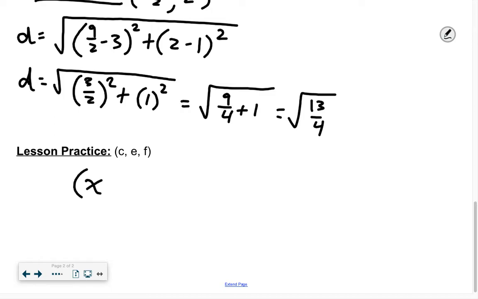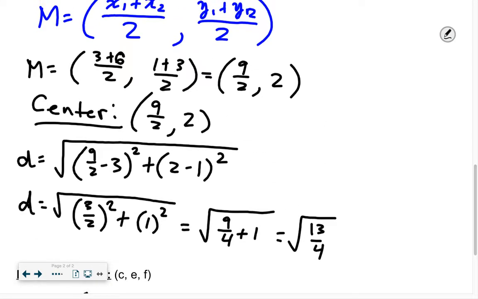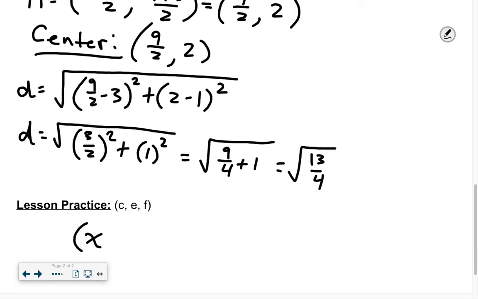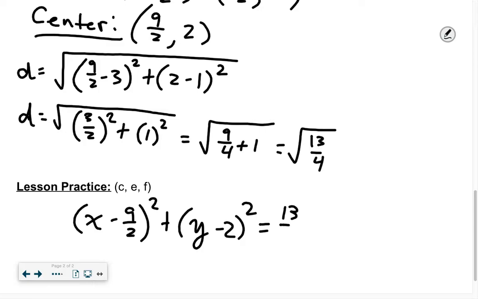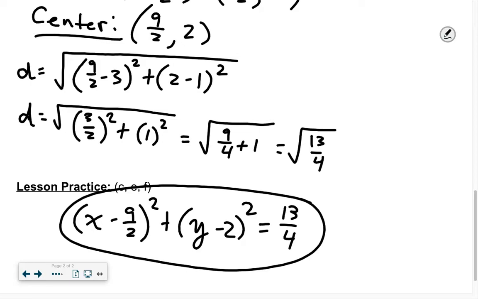Therefore, we write the equation, center again was 9/2 and 2, so x minus 9/2 squared plus y minus 2. And if we square this right away, the square root of 13/4 squared is going to get us simply 13/4. If you would like to write it as a mixed number, that is fine. Otherwise, I will take 13/4.